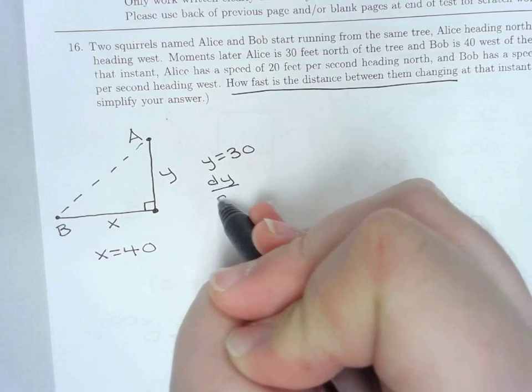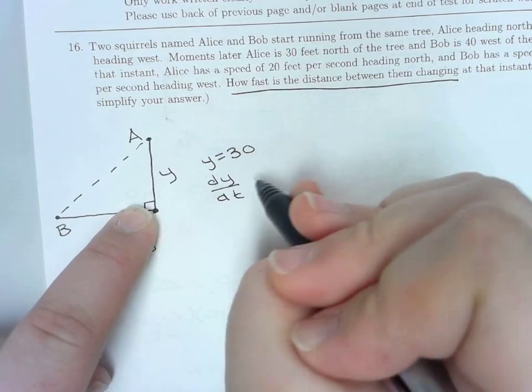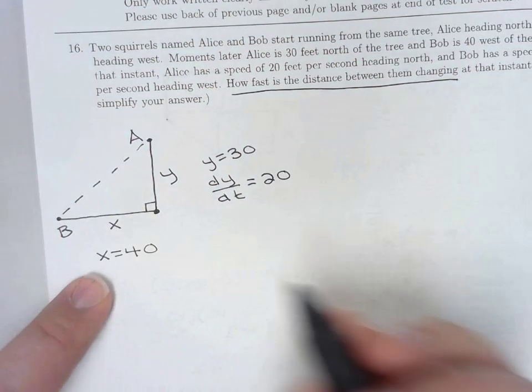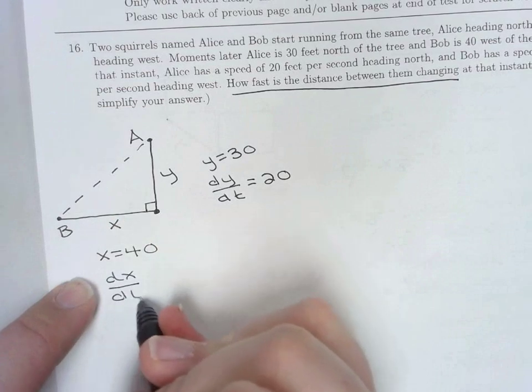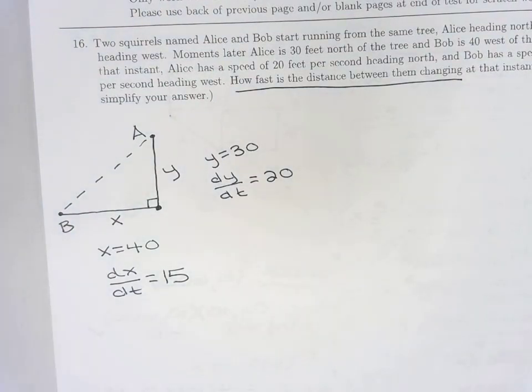That is the speed that Alice is running north, the change in y. dy dt is 20. dx dt is 15. They are running away from the tree, so those are both positive because the distances are increasing.